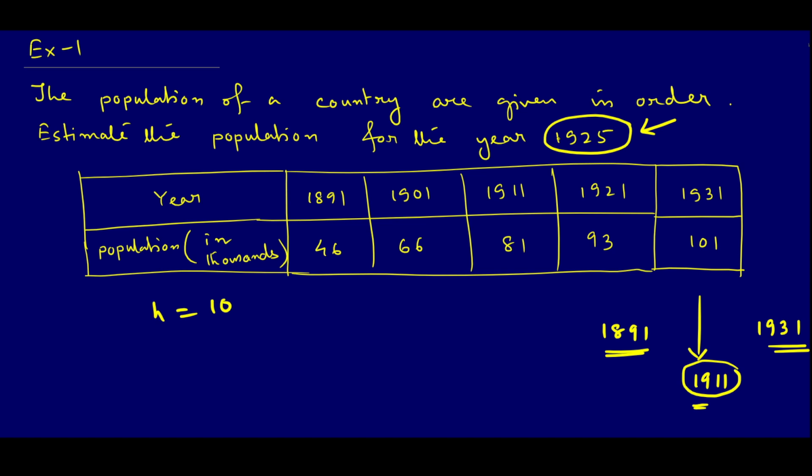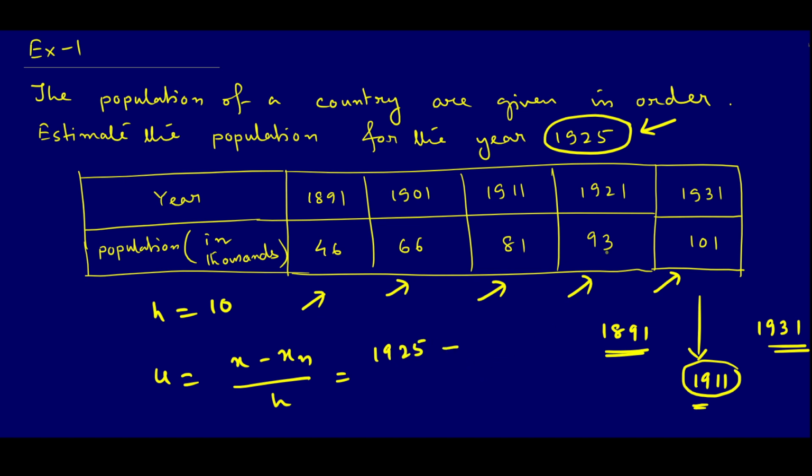Okay, some different populations are also given. So how many arguments are here? 1, 2, 3, 4, and then 5. So if there are 5 arguments, in the difference table we have to go up to 4th order. And what is u? u is x minus xn divided by h. So x means the point at which we have to find the value, 1925.